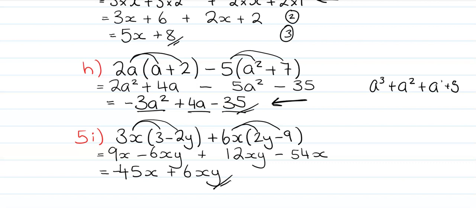Okay, so the highest power to the lowest power. But if it's something like 45x plus 6xy, where it's just different letters, it doesn't matter at all what order you put it in. Okay, so just be aware that your order might be different than the textbook answers, and that's fine.